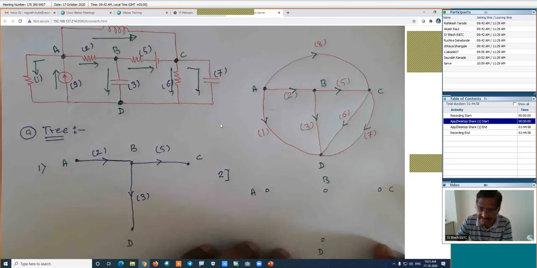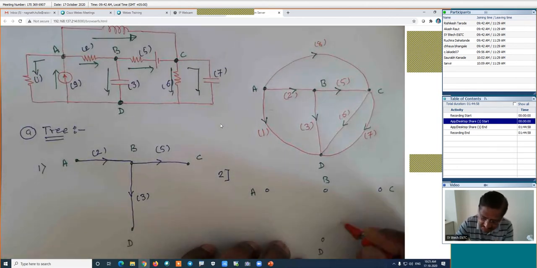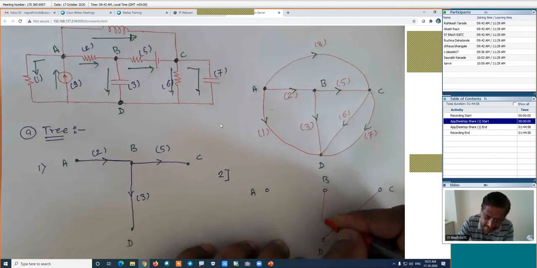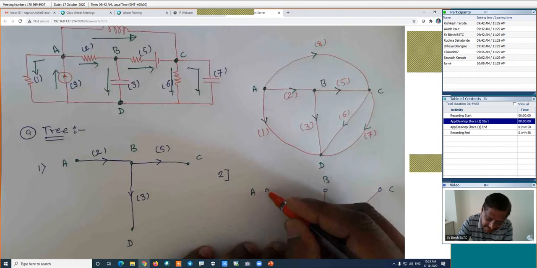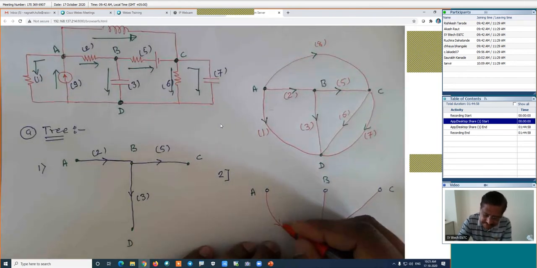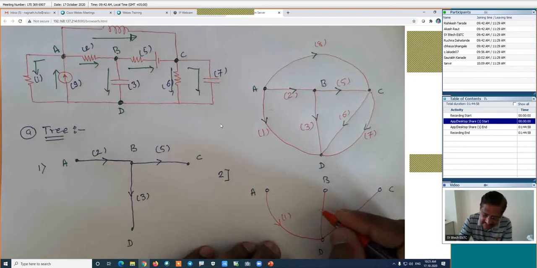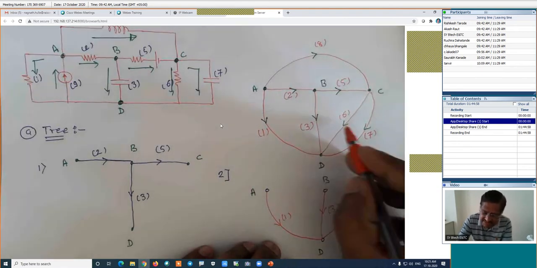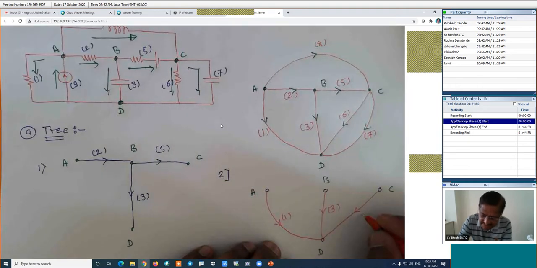It may be something like this. This is one path, this is second path, or this may be the third path. This is the branch number 1, this is the branch number 3, and this may be the branch number 6 or maybe 7. I'm taking it as a 6.